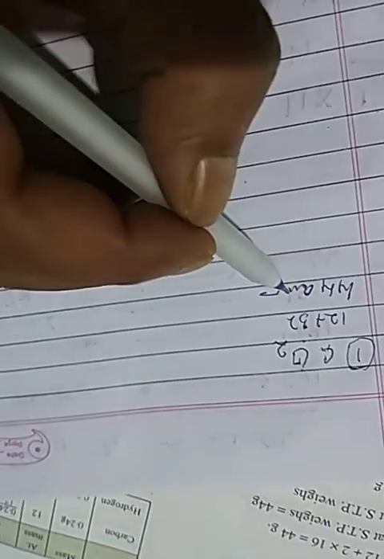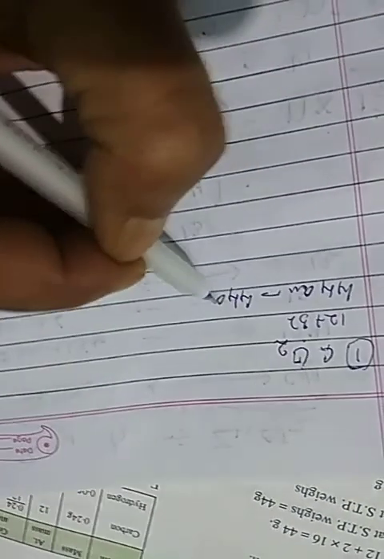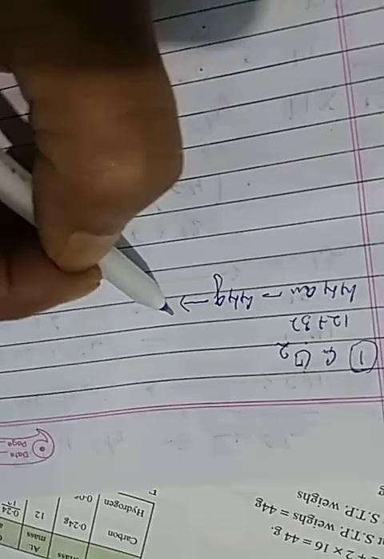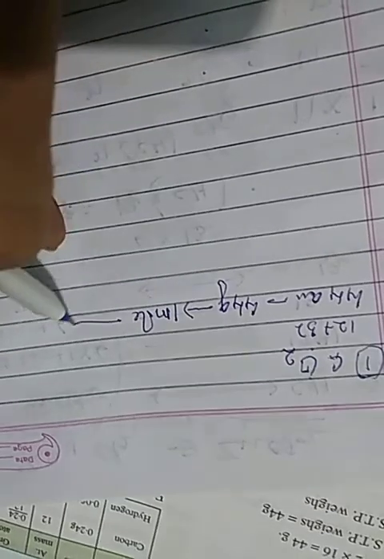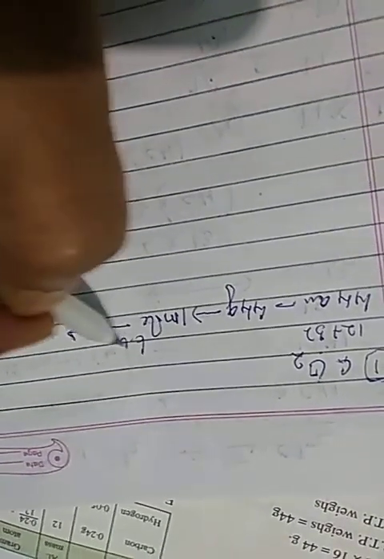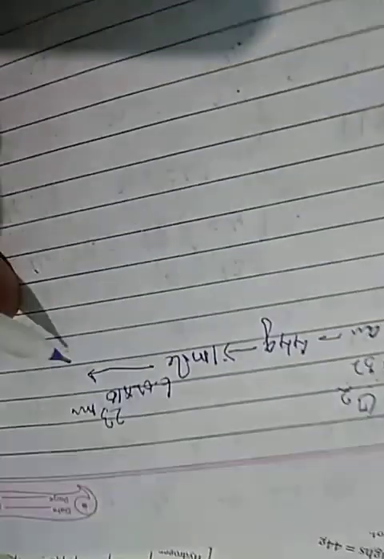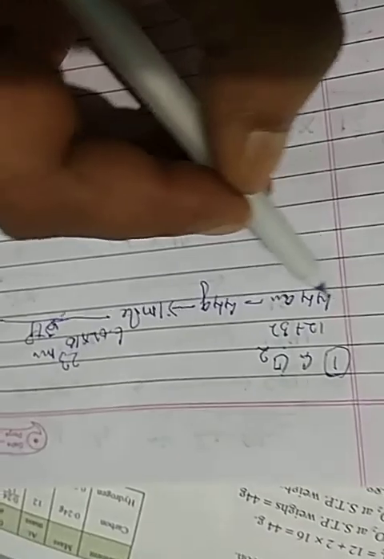Now if we take 44 grams, 44 grams of carbon dioxide is called 1 mole, which will contain 6.02 into 10 to the power 23 molecules, and at STP it will have 22.4 liters, or 22.4 decimeter cube, or 22,400 cm cube if it is one mole.